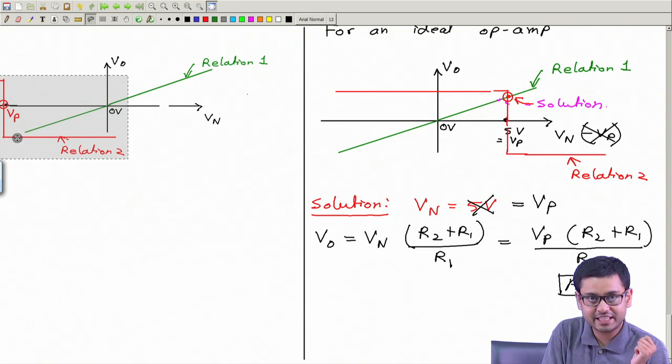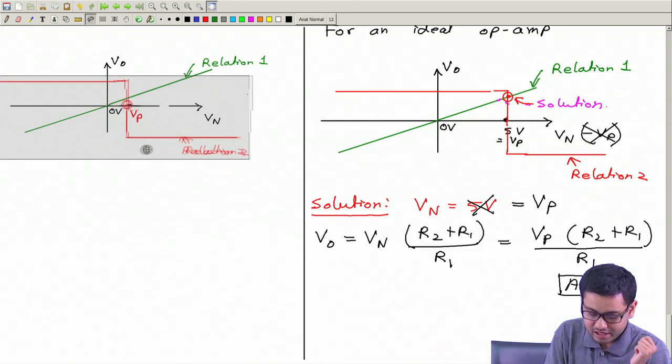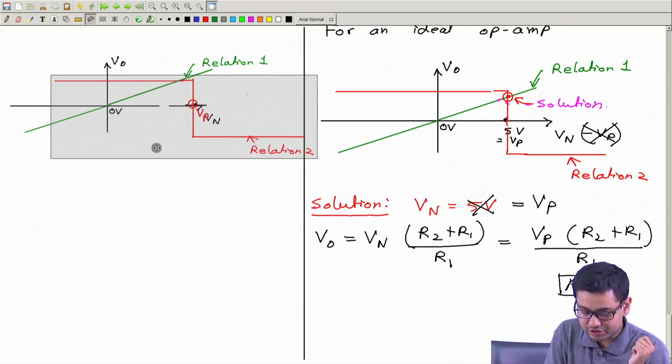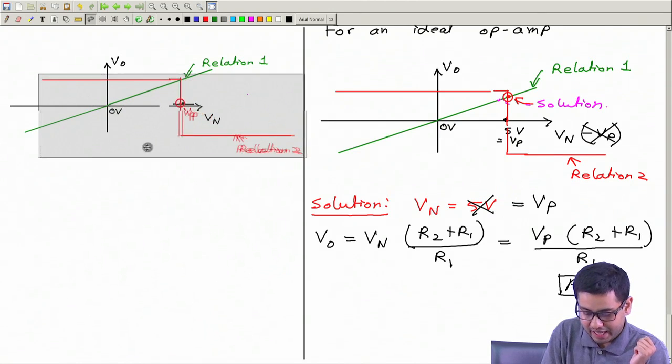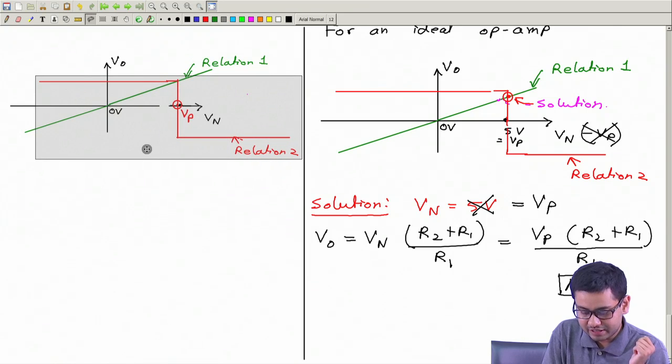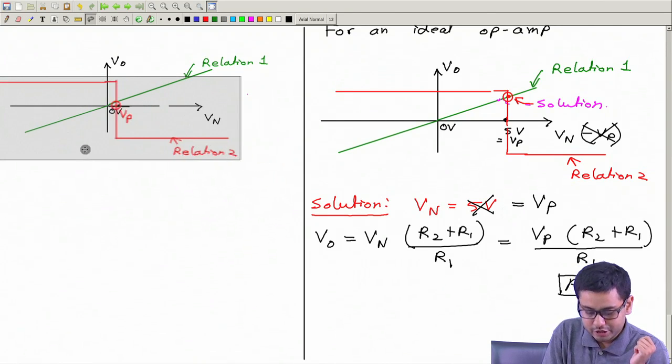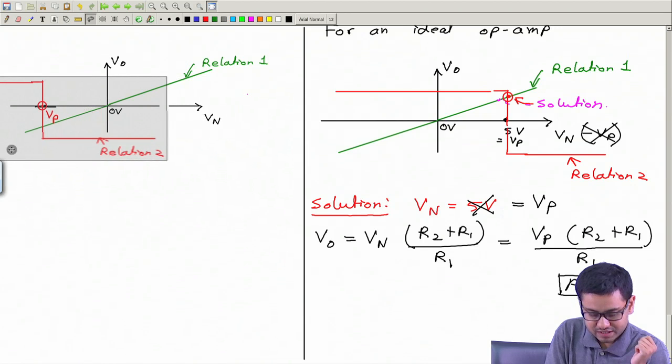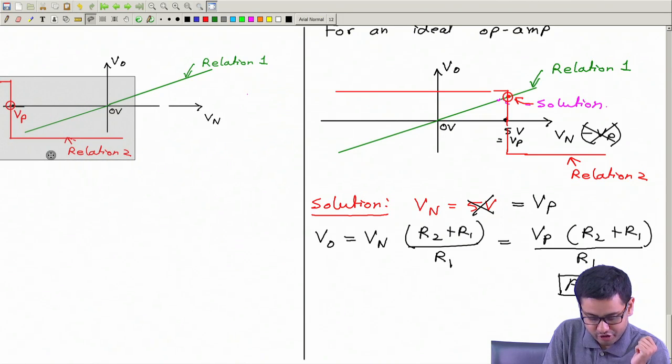So this is once again a saturation level. Output cannot go below minus V supply or above plus V supply. And if the input is within this region, starting from here, this is the maximum value to this, somewhere here, where this will intersect.